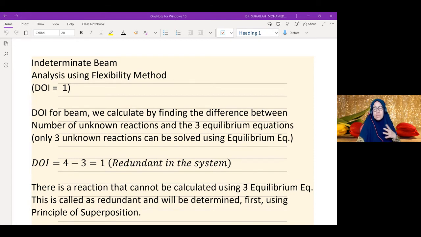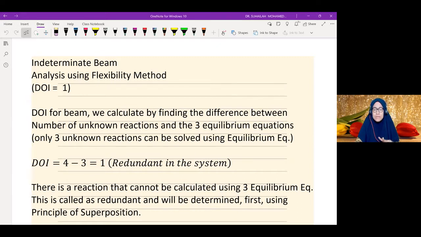Always remember that the most important thing is we use the flexibility method whenever the 3 equilibrium equations are not enough to solve the reactions in the system, because there are more than 3 unknown reactions. So we get degree of indeterminacy equivalent to 1 from the formula.